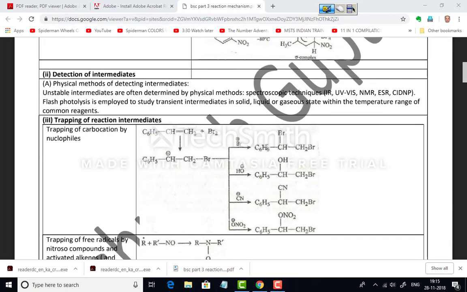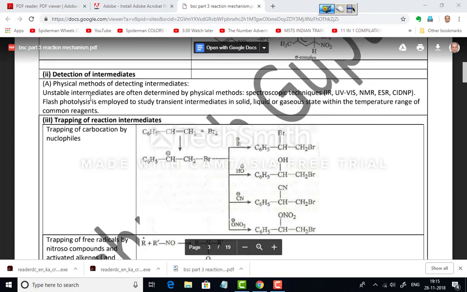The next thing that comes is the detection of intermediates, how we are going to detect these intermediates. The first is physical methods of detecting intermediates.